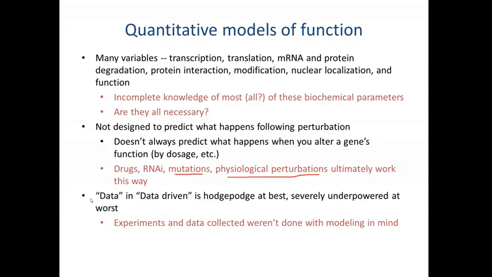Another criticism of bottom-up modeling is that much of the data that goes into these models is hodgepodge at best, or severely underpowered at worst. That means the experiments and data collected weren't necessarily done with modeling in mind. I'll give you an example.